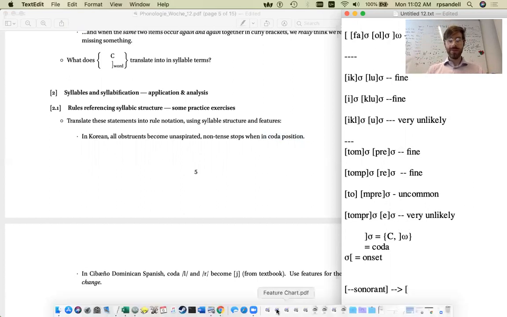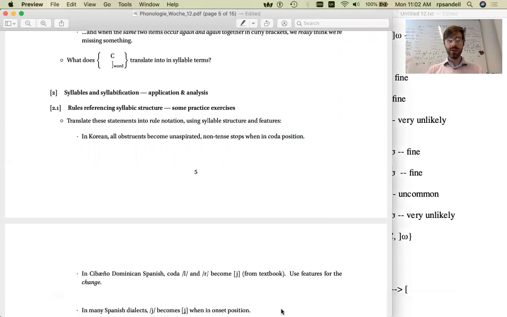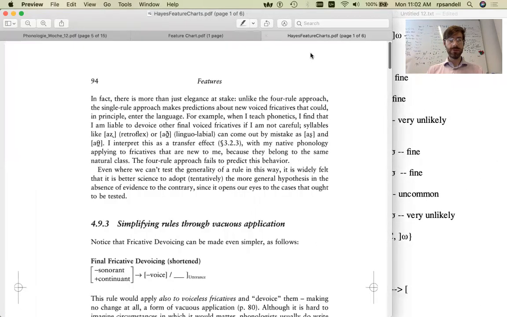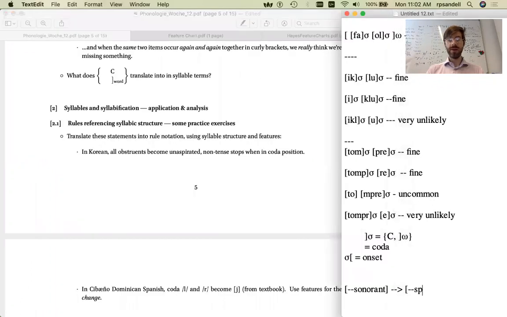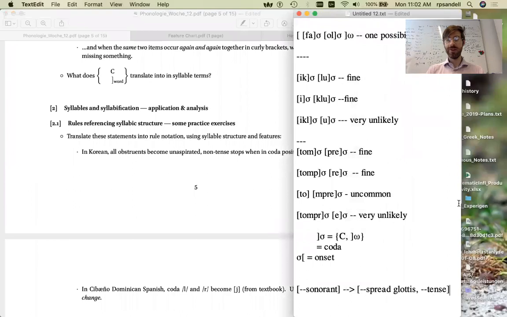aspirated. Let's look at our feature chart here. We want the laryngeal features. So we want the feature spread glottis for aspiration. So they need to become minus spread glottis. And we'll use the feature tense here, which normally only applies to vowels, but in this Korean case, we'll assume it applies to consonants as well.